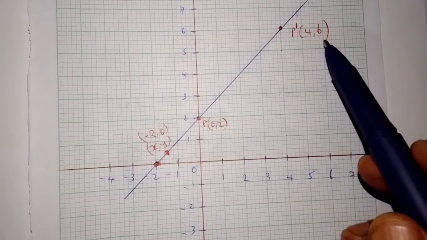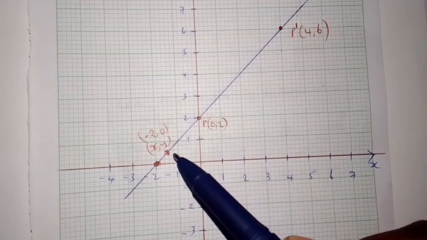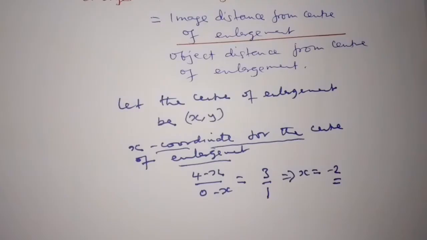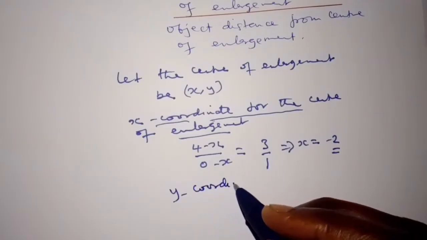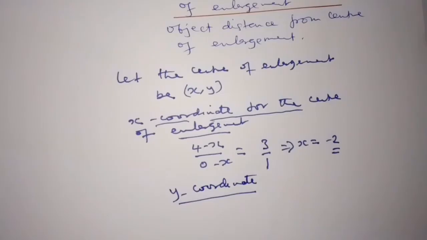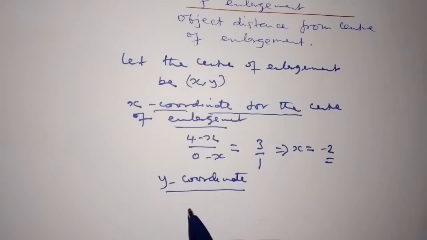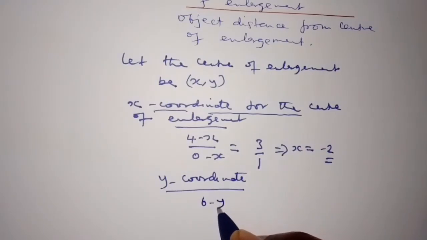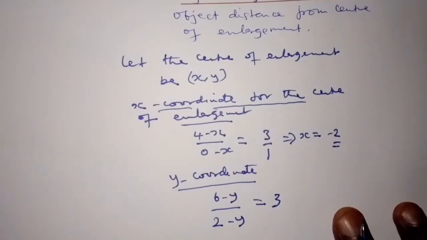So it is 6 minus y over 2 minus y, which is supposed to give us 3, the scale factor of enlargement.